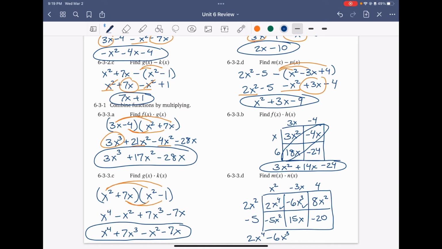I'm going to check these off as I get them. All right, then my next highest exponent will be x squared, and I have 2 of them. I have this one on the right and then this one on the bottom. So I have positive 8 and negative 5. So altogether that's positive 3x squared. And then last but not least, negative 20. All right, so that is the last one.